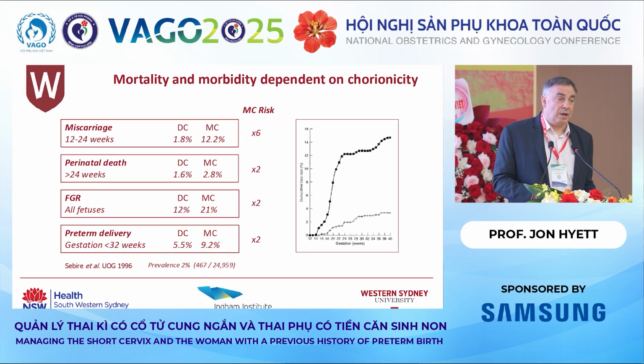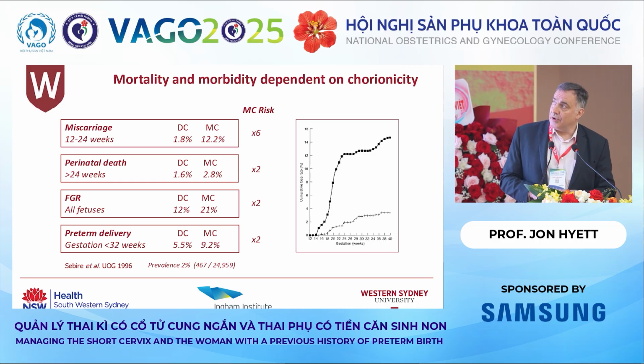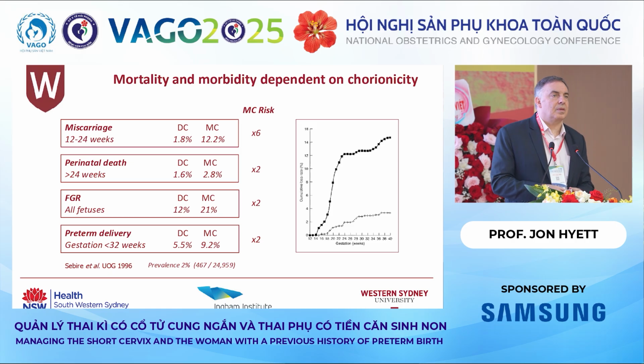So there's four outcomes to focus on. In the monochorionic twins compared to the dichorionics, you're 6 times more likely to have miscarriage, and then you have double rates of perinatal death, fetal growth restriction, and preterm delivery. The other thing to recognize is that there is a temporal timeline to when particularly death occurs.